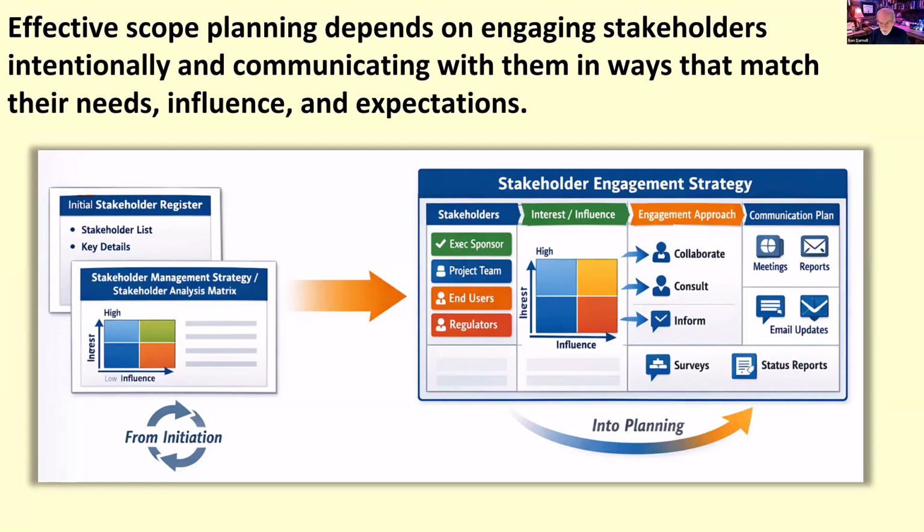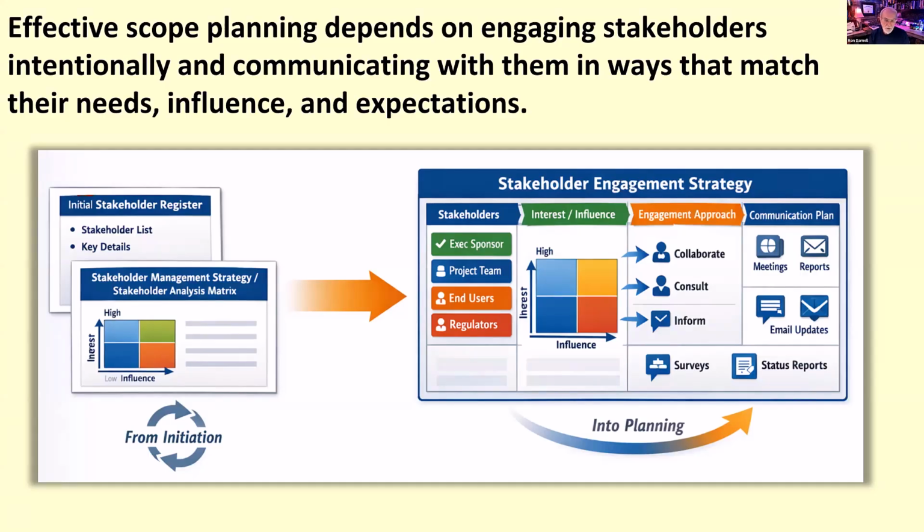This also connects to our week 2 deliverables, which were in project step 1. We created the initial stakeholder register and the stakeholder management strategy or stakeholder analysis matrix. Those are initiation artifacts, but they don't end with initiation. Instead, they become important planning inputs as the project moves into scope development and broader planning work.